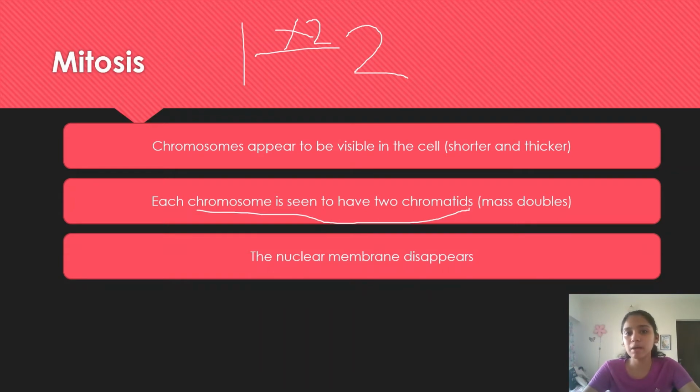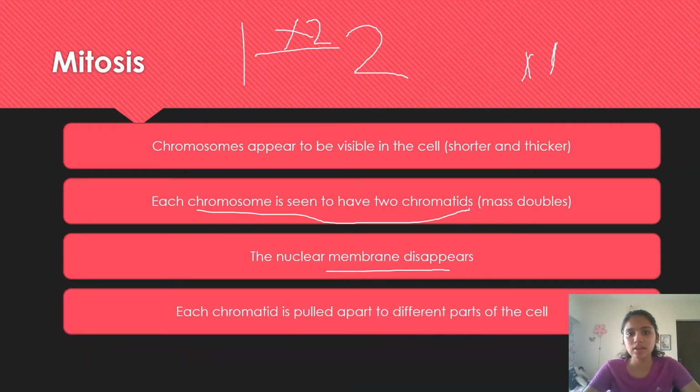The nuclear membrane then disappears. So the chromosomes and the chromatids were held together in this nuclear membrane, and this nuclear membrane disappears. Each chromatid is pulled to different parts of the cell. So this chromatid will go this way, whereas this chromatid will go this way. This chromatid will go this way, and this one will go this way.